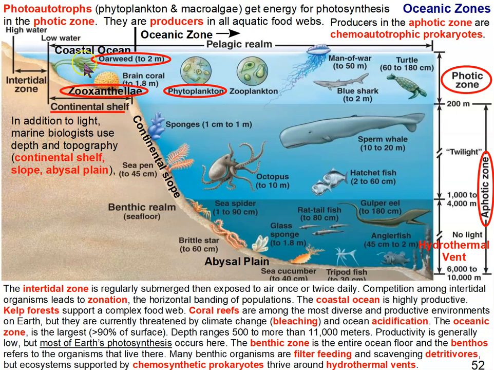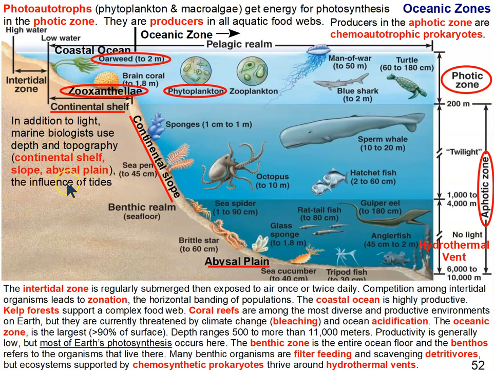There's a lot of productivity on those continental shelves, and that's again where we find coral reefs and such. From the continental shelves, as we go down, there's the continental slope, and then at the bottom it levels out to the abyssal plain.